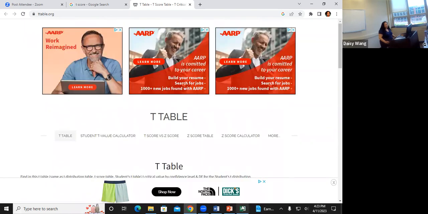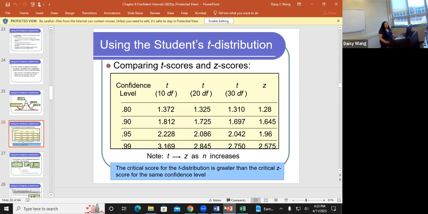Here, if you can see, if the confidence interval is the same but the sample size differs, this is becoming smaller, and eventually it will be very close to the z-score when it goes to 100.